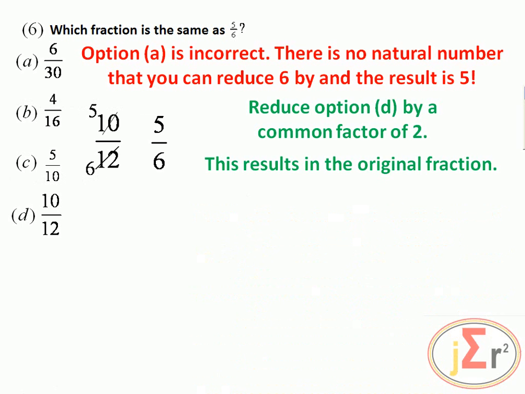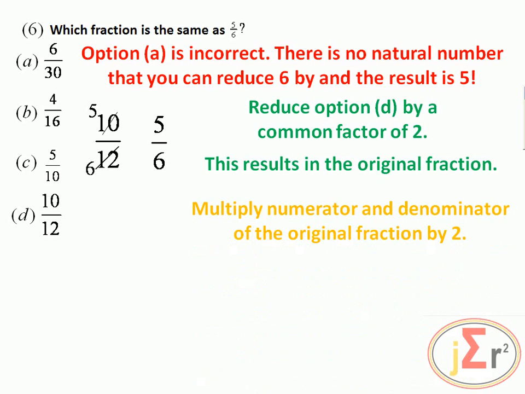Because this is so, then we are sure that the correct answer is option D. Multiply numerator and denominator of the original fraction by 2. So we have the original fraction, which is 5/6. We will multiply by 2, and what do we get? 5 2s, 10. 6 2s, 12.